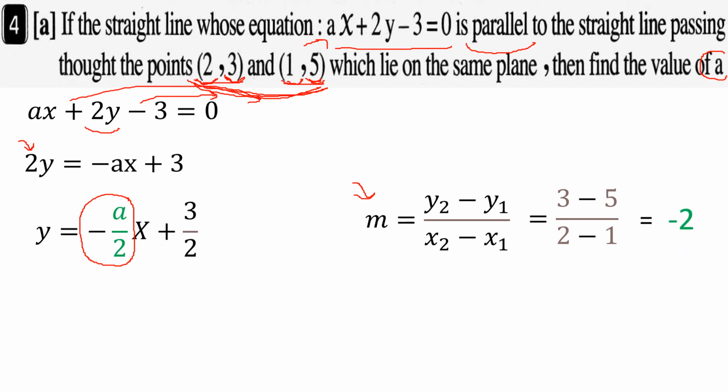So it will give me finally negative 2. He said that both the straight lines are parallel, so this slope is equal to that slope. So negative a over 2 is equal to negative 2. Let's cancel the signs. So a equals 4.